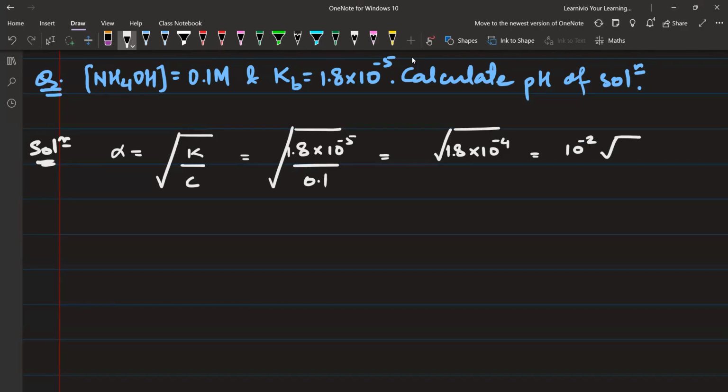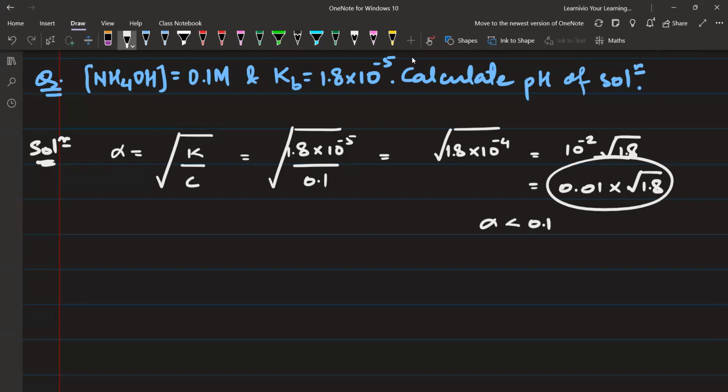Under root of 1.8 into 10 to the power minus 2 is what? 0.01 into something, so it will become lesser only, right? So I can say that alpha is less than 0.1. Yes or no, please tell me, guys. Yes, sir. So alpha will be less than 0.1.